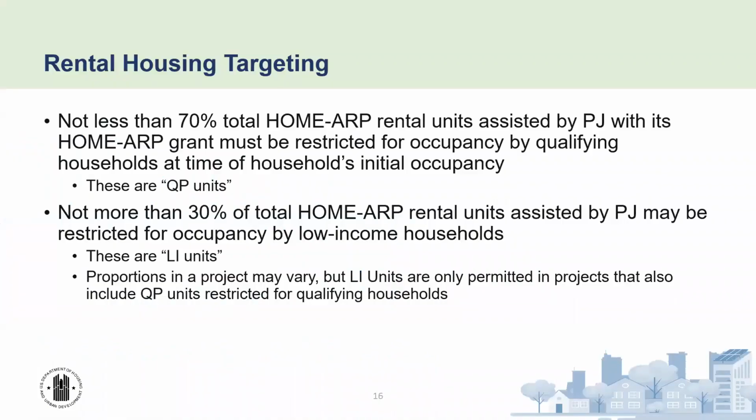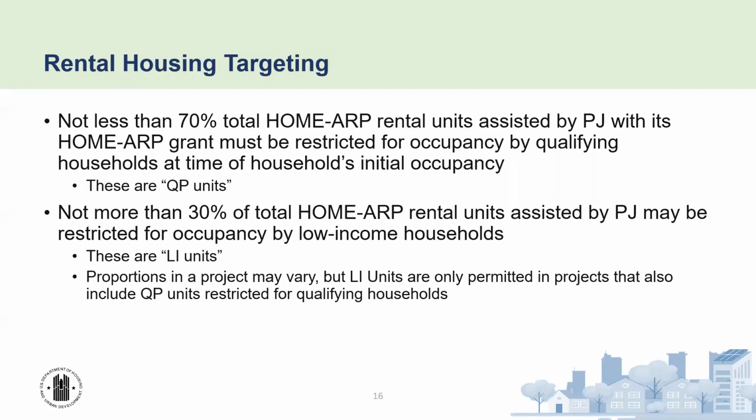As I just noted, developing long-term financially viable, affordable rental housing for homeless populations is difficult without project-based rental assistance or revenue from market rate or higher income restricted units to help cover the operating deficits. To ensure financial viability of HOME-ARP rental projects, we've exercised the discretion provided in the ARP statute and established targeting requirements applicable only to a PJ's HOME-ARP rental portfolio.